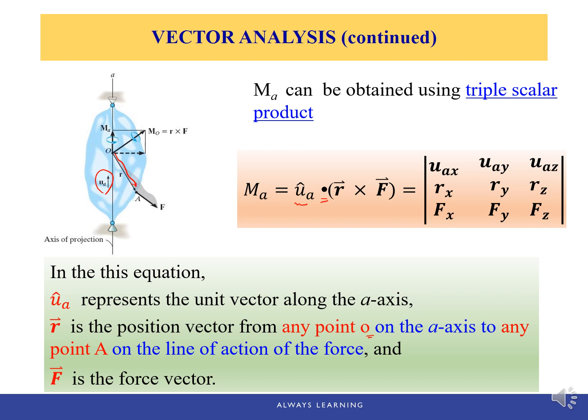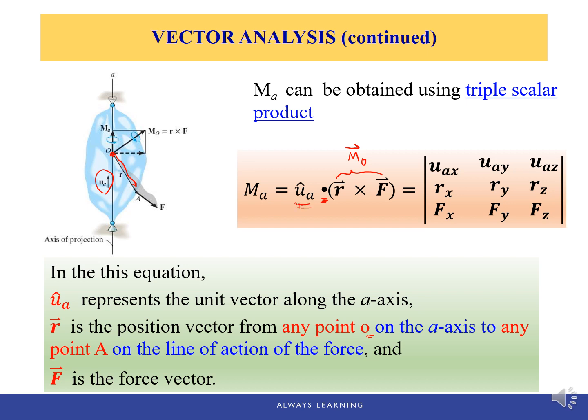In other words, this is our first step of the calculation. We look for the moment about a point O for the force F, where the point O is located on the A axis. After we find the moment about a point, we use dot product to find the projection of this moment onto the given A axis.